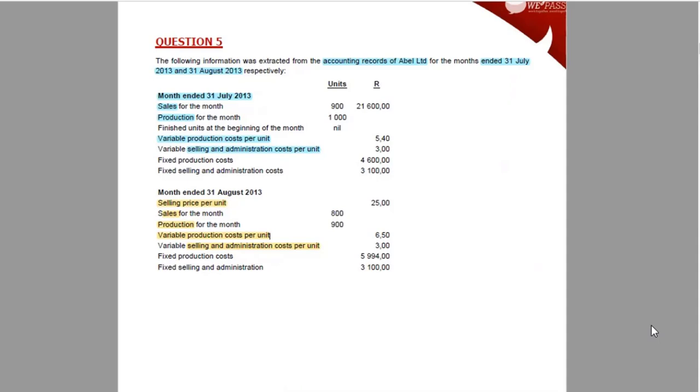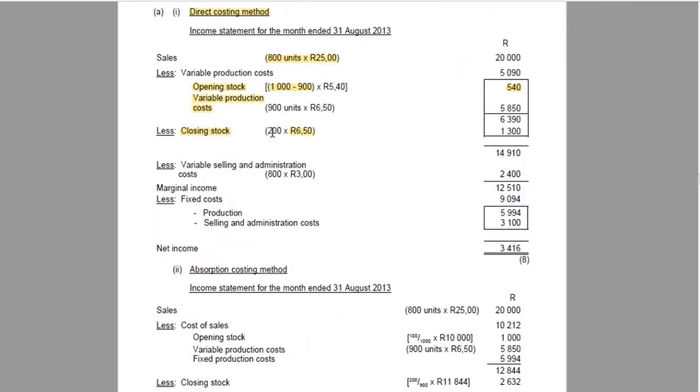You firstly think of your opening stock, which you calculated was 100, plus how many did we produce? We produced 900. So that means that I had 1,000 stock available for me to sell. And out of that 1,000, how many did we sell? It's 800. So that means that my closing stock is 200. So that's where you get your 200 units.